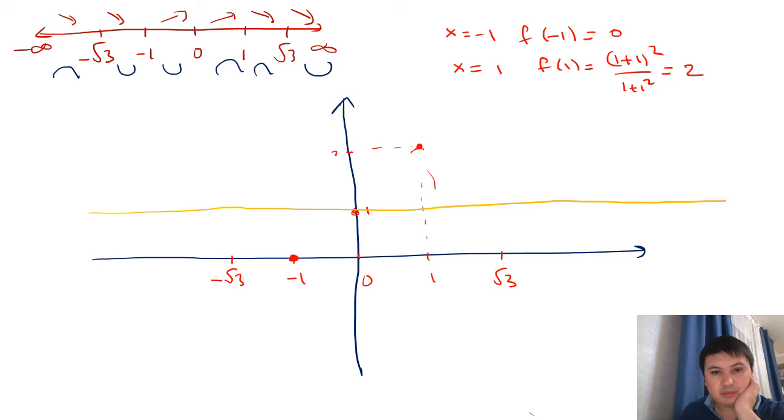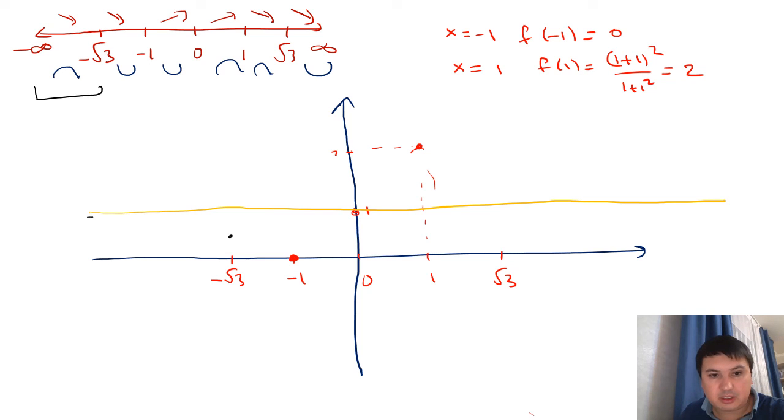Between minus infinity and minus square root of 3, I need to sketch a function that's concave down, and it needs to decrease. It should continue decreasing until minus 1. But somehow here the concavity changes. This is the inflection point, and this orange line is my horizontal asymptote, so it has to approach it.